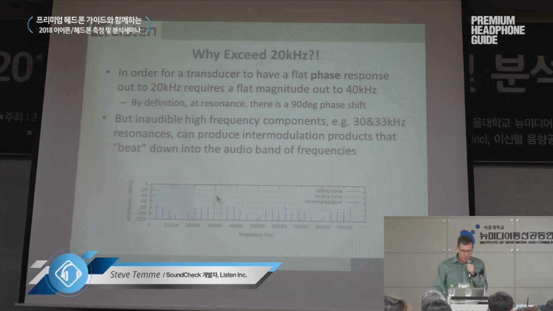So in the graph below, I have a red 30 kilohertz and a 33 kilohertz signal, and we can see now we're getting intermodulation products. For example, the difference being 3 kilohertz is going to fall right in the most sensitive region of human hearing and should be quite audible.